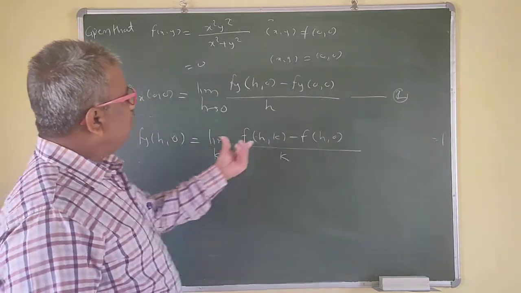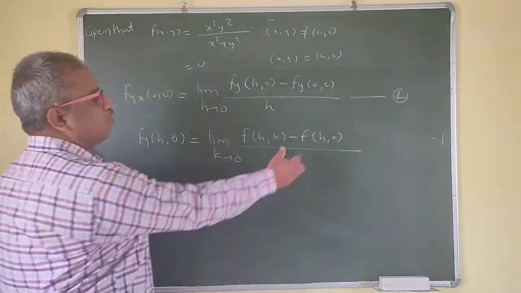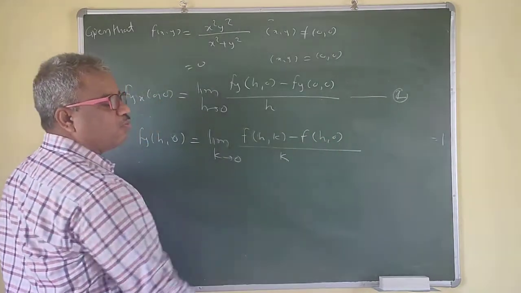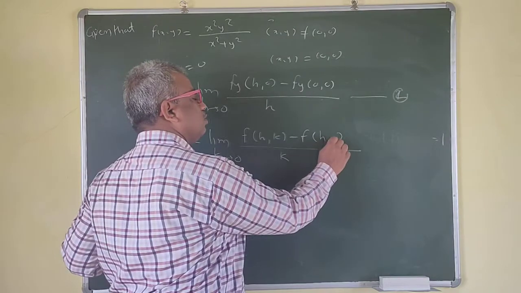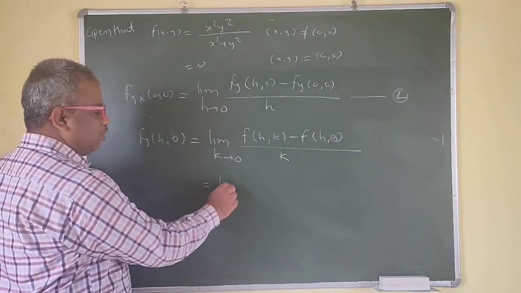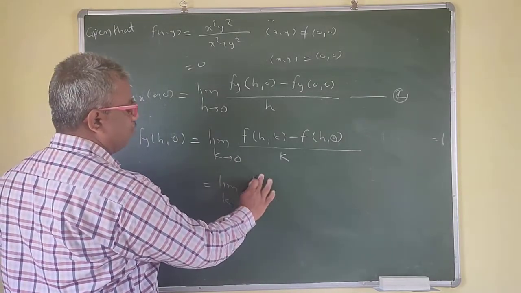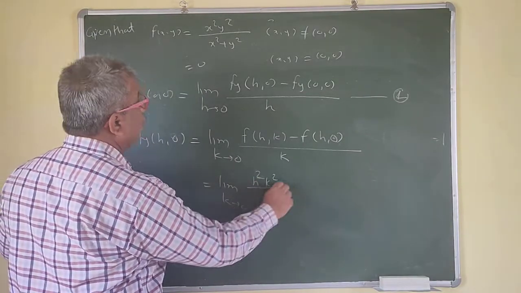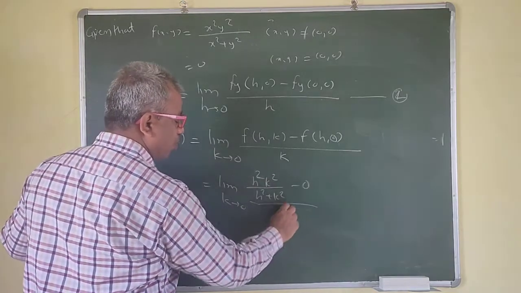So what you need is to find the value of f(h, k) and f(h, 0). Obviously f(h, 0) is 0, because your y is 0. If I put y equal to 0, then it is 0. We have to evaluate only the first one. So the limit as k tends to 0 of h square k square upon h square plus k square, minus 0, upon k.